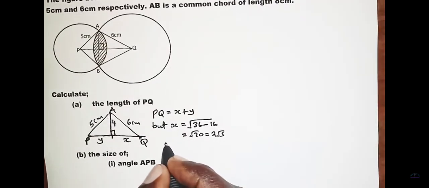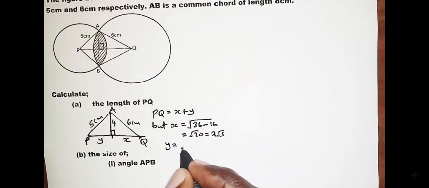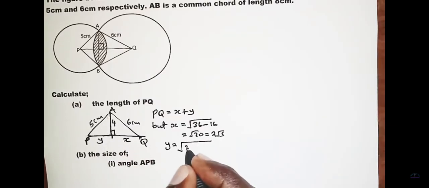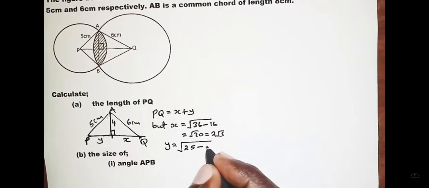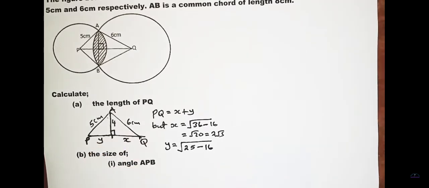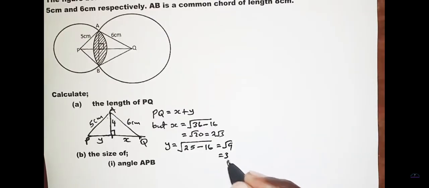Also, Y, we are going to apply Pythagoras theorem to get it. So we have the square root of hypotenuse squared, which is 5, so that is 25, minus the height squared, which is 16. So they have a common height. So this should be the square root of 9, and that is 3.